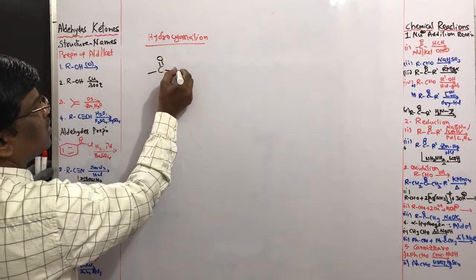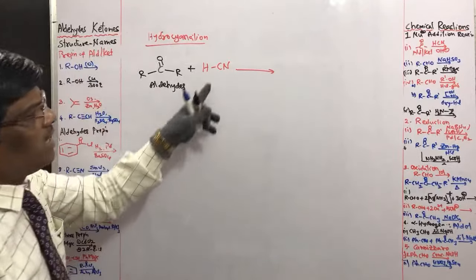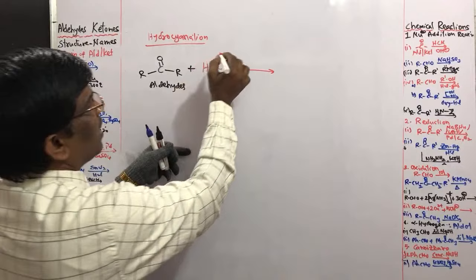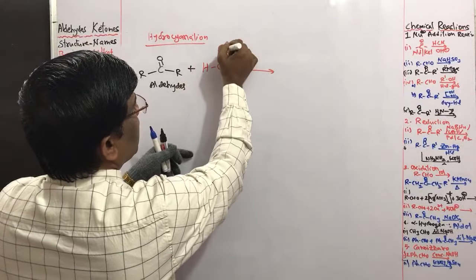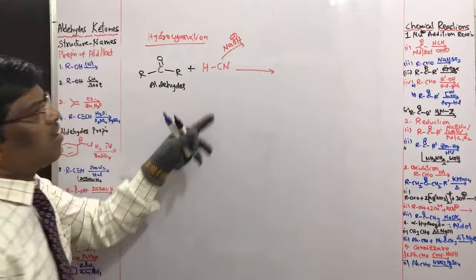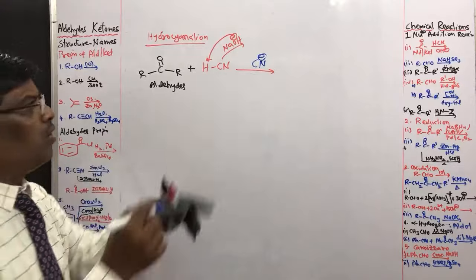This is a highly poisonous gas, hydrogen cyanide. However, this hydrogen cyanide is not that good a nucleophile. So what I will do is I will add NaOH. In presence of NaOH, this OH takes up this proton and gives cyanide minus. It's a strong nucleophile.